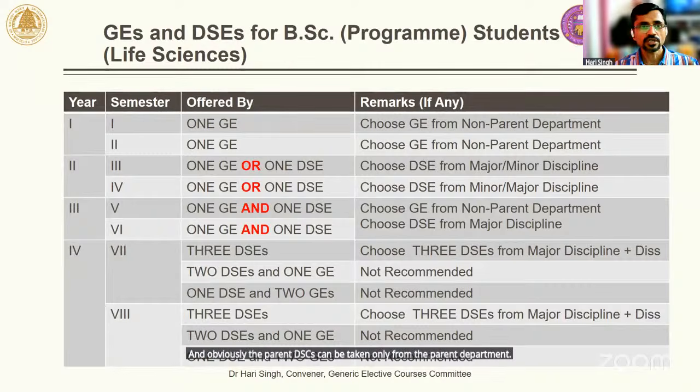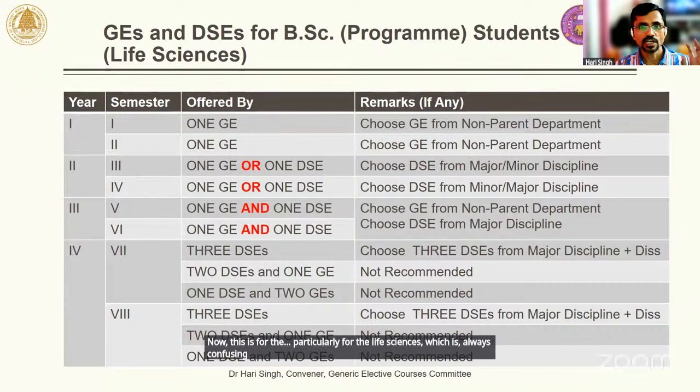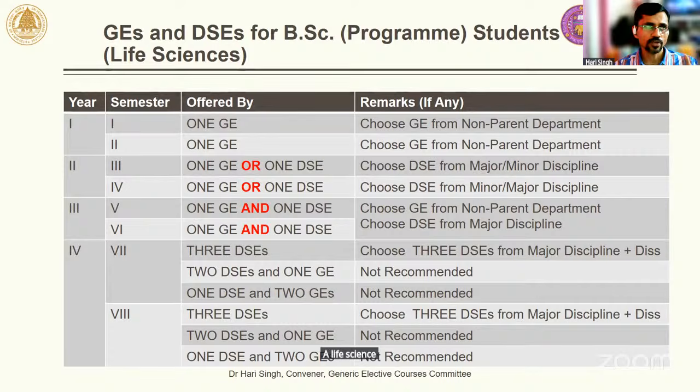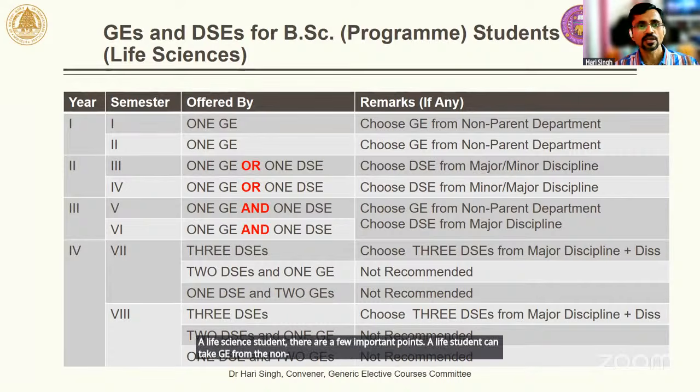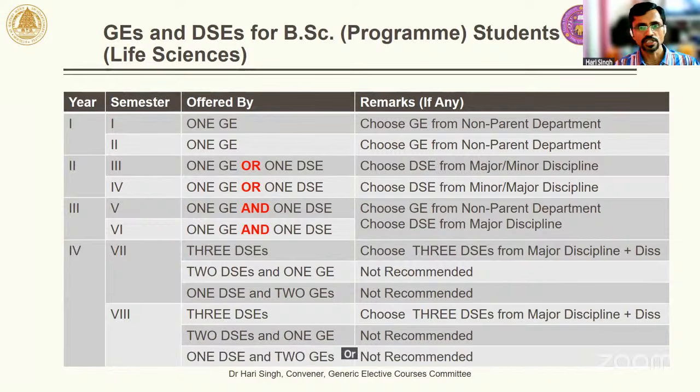And obviously, the parent DSCs can be taken only from the parent department. Now, this is particularly for the life sciences, which is always confusing. A life science student can take GE from the non-parent department, but if a student is aspiring to have a major and minor, both are possible only in their parent discipline, that is either chemistry or botany or zoology.